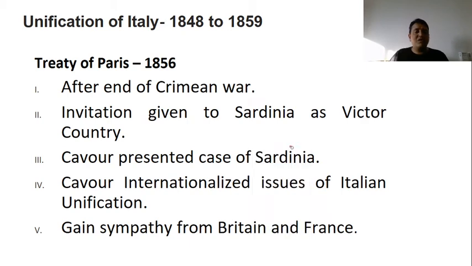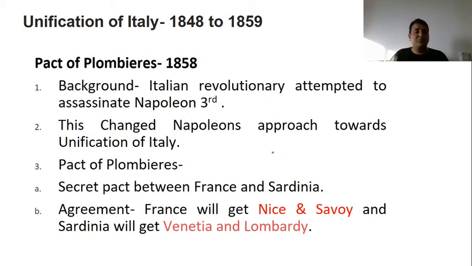But why should France support? There should be some vested interest. France doesn't have any vested interest in Italian unification. Then why should France support? France just sympathized with the issue. That's it.